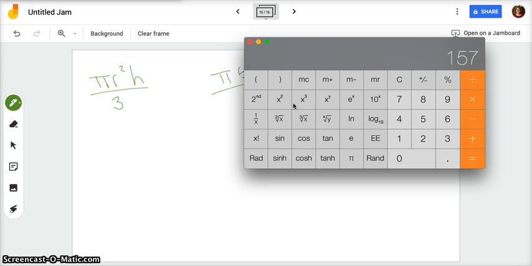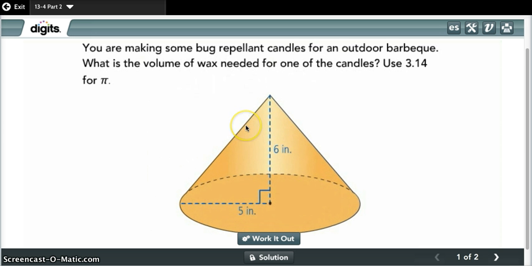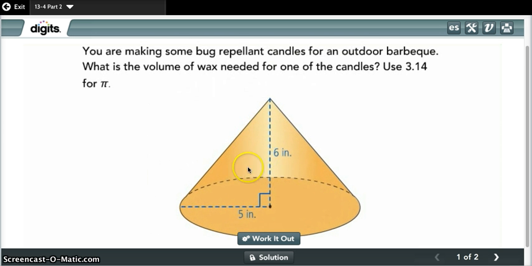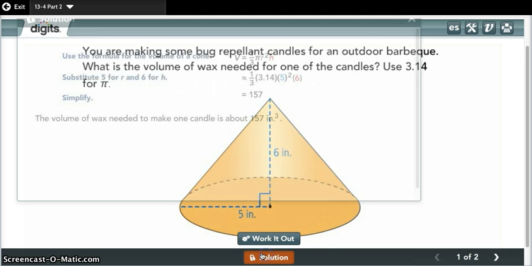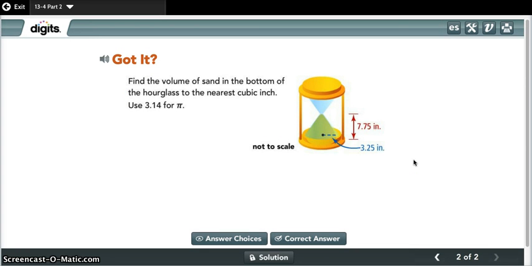I did that a little bit out of order. Sorry about that. 157 is the number that we're getting here. What are we working in? Inches. So 157 square inches. We'll pull up that solution and it looks great. Okie dokie. So that's how we're doing this.